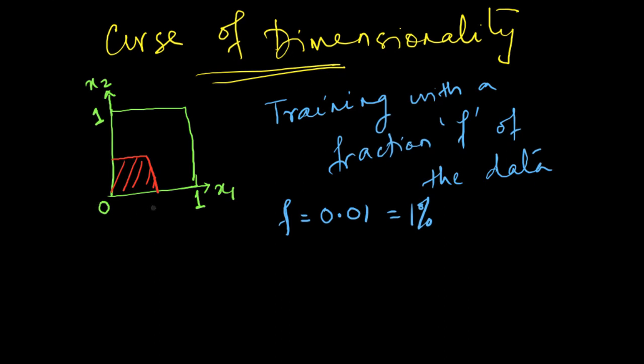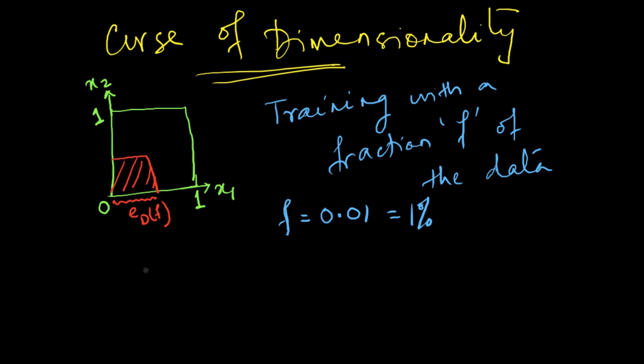Now this is a square, so let us denote the side of this training data square as e_D, which is a function of f. This capital D represents the dimensionality of your feature space, and this f denotes the fraction of the data set that you want to use.